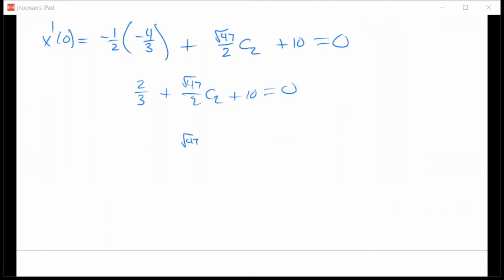So radical 47 over 2 C2 is equal to negative, hold on a minute, 32 thirds. So C2 is negative 16 over 3 radical 47. Whew. Yeah, it's pretty ugly. It's that radical 47 that is making me so angry.